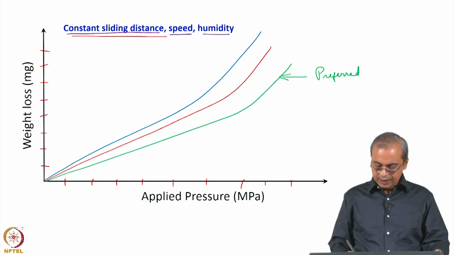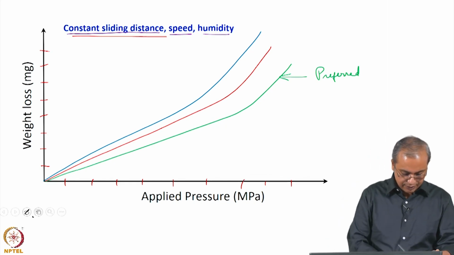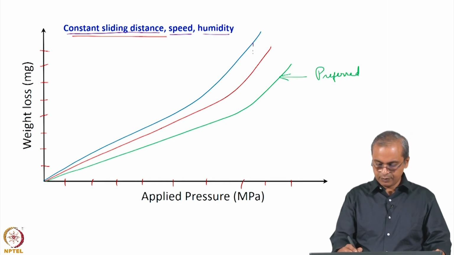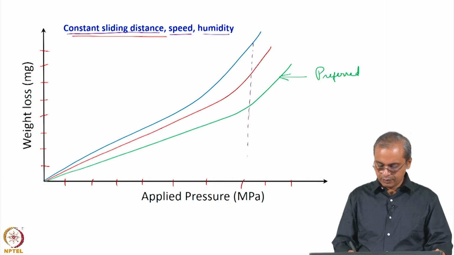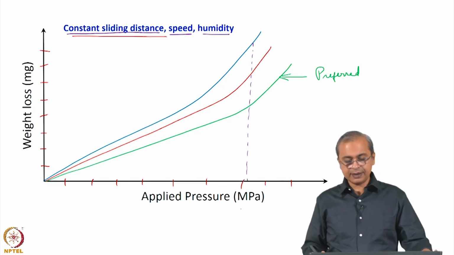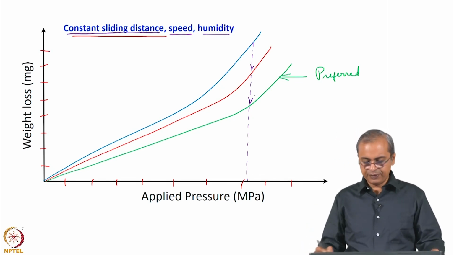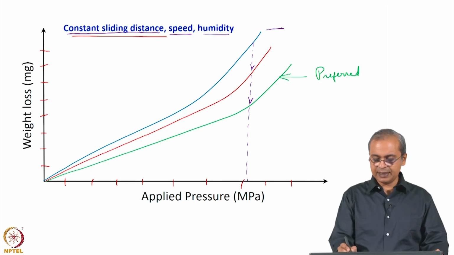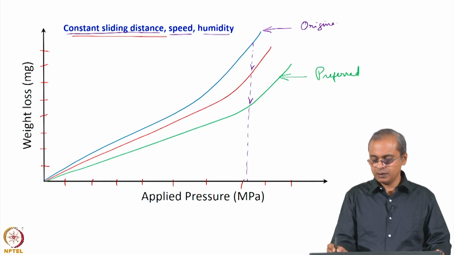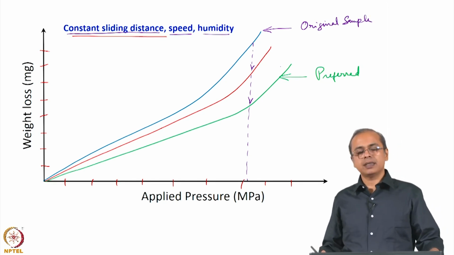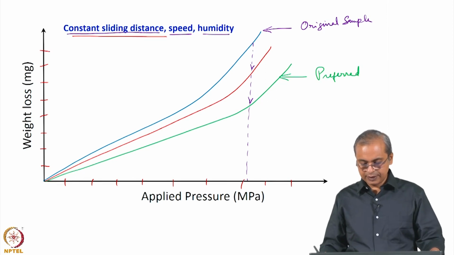So, this means if I take a value here and if I just draw a line here, this means there is a significant improvement. So, weight loss has been coming down, and if this was your original sample, let us say this is your original sample, then this means weight loss, I mean it is an improved state of affairs.